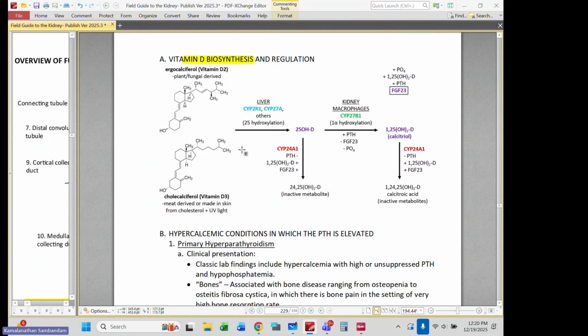Okay. Now, other things to think about. Alvin, we're going to see a patient today who has a deficiency in this metabolism step in inactivating calcitriol, 1,25D. Okay. And this is the 24-hydroxylase enzyme.